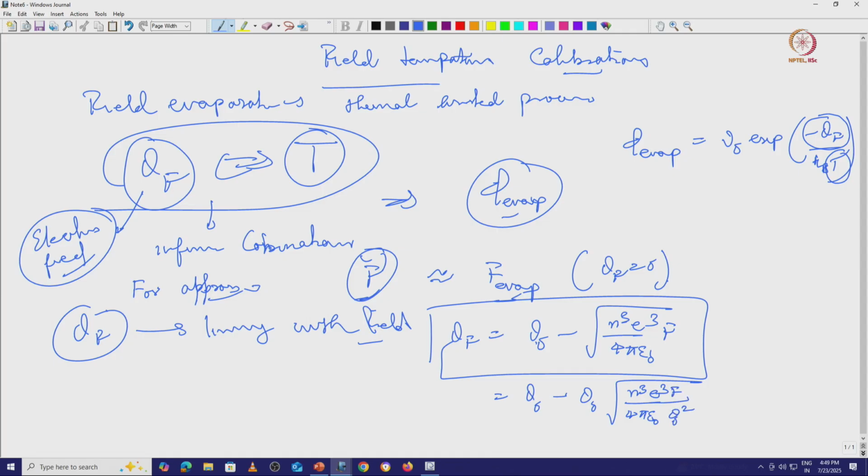You can see that I have multiplied the numerator and the denominator by Q naught to get this particular expression.